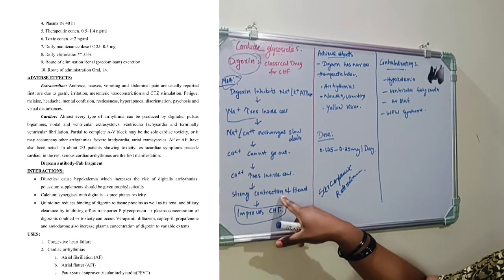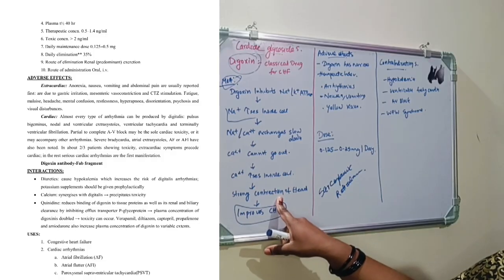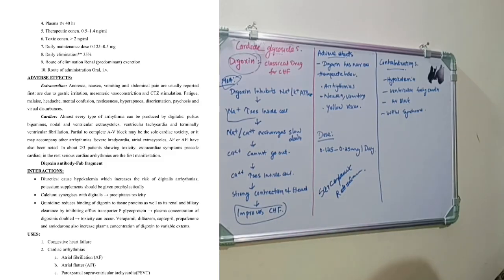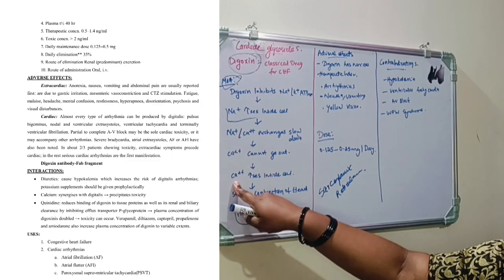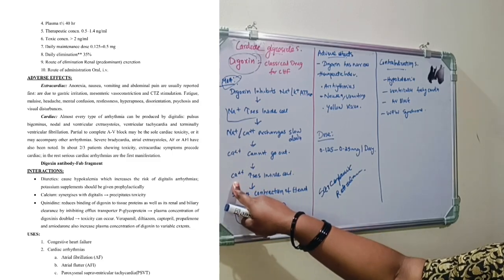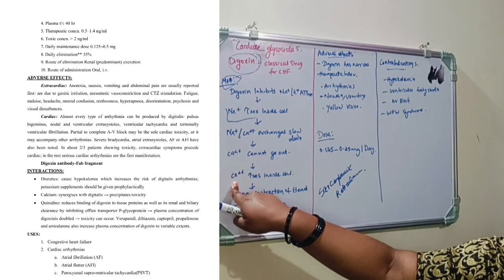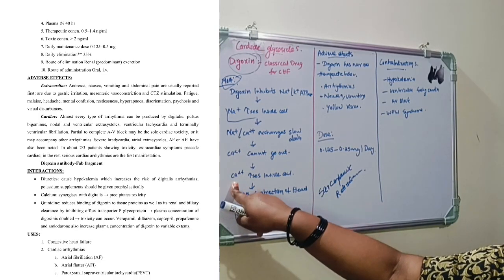More calcium ions means a stronger contraction of the heart, due to stronger binding of calcium ions to the troponin. So increased calcium will increase the force of contraction.